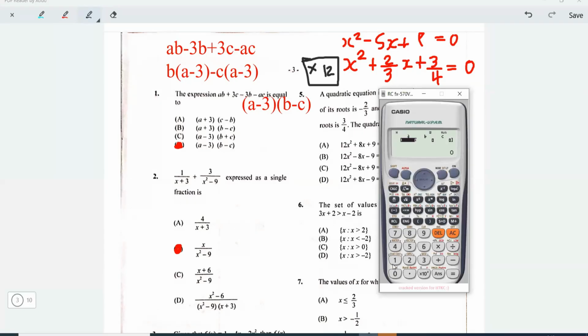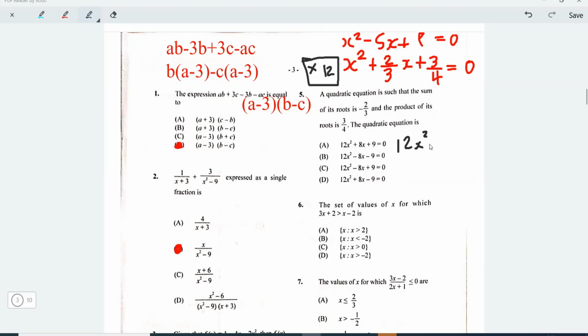Let's go. 12 times 2 over 3. That's 8. So this is now plus 8x. And then we have 12 times 3 over 4, that is plus 9. And that equals 0. So that's the answer. That looks like option A.